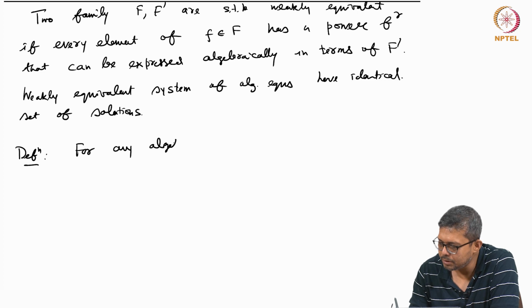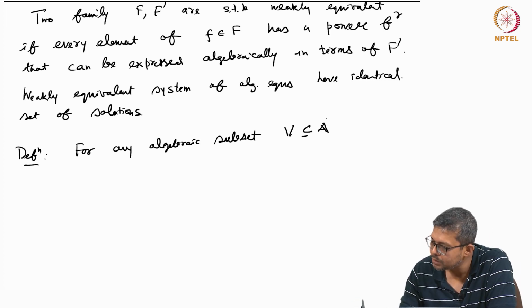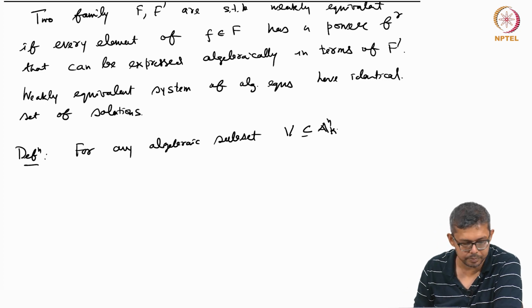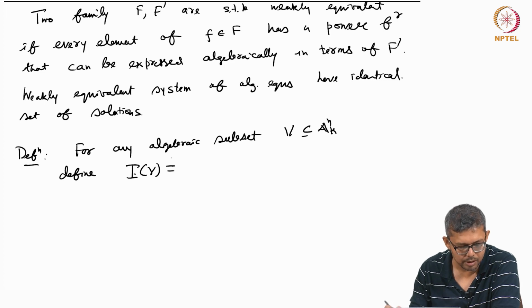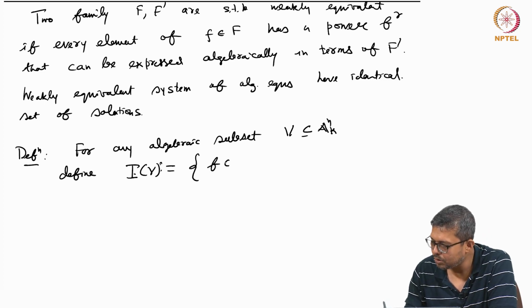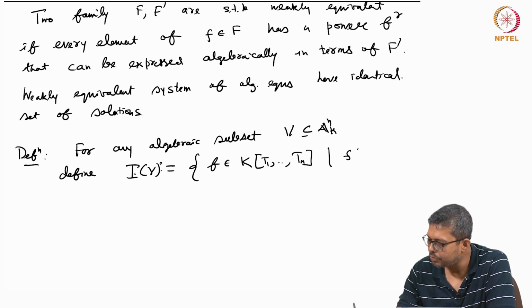So for any algebraic subset V in some affine space, define the ideal of the variety, or ideal of the algebraic subset, as all those f in K[T1, T2, ..., Tn] such that f(v) equals 0 for all v in V.